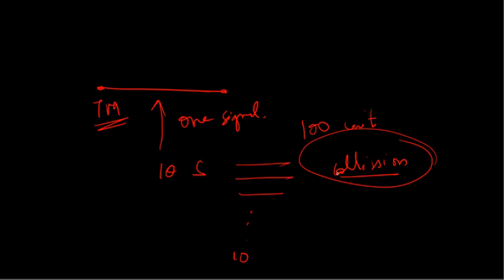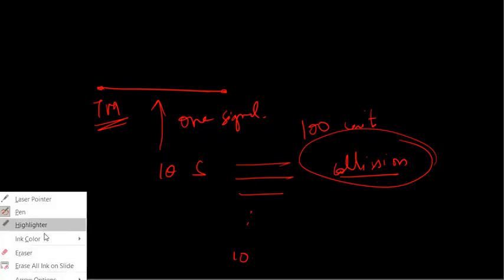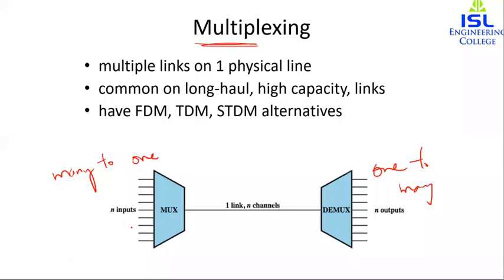Now, where do we use this concept of multiplexing? It is used in telecommunications and even in telephones. It originated in telegraphy, and we have seen the concept with the help of this diagram.